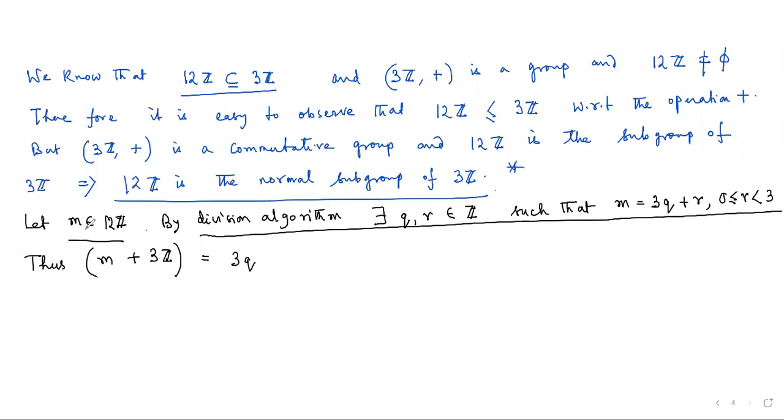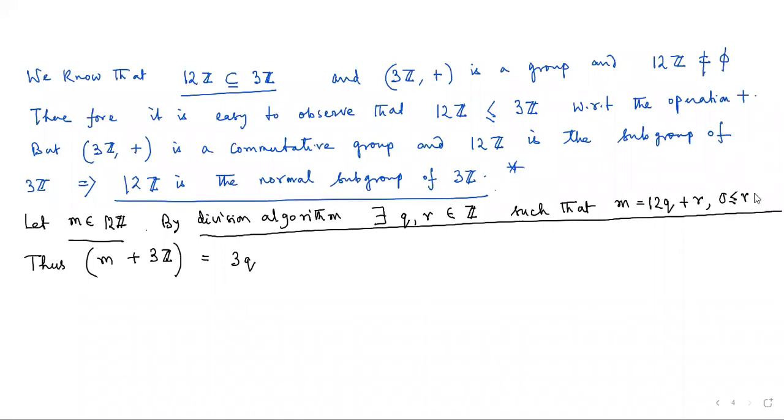So I'm choosing an element from 12Z, and by division algorithm there exist two integers Q and R, so that M can be written as 12Q plus R, and R will lie between 0 and 12.